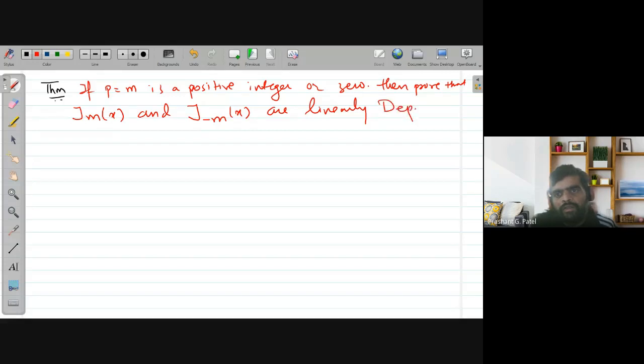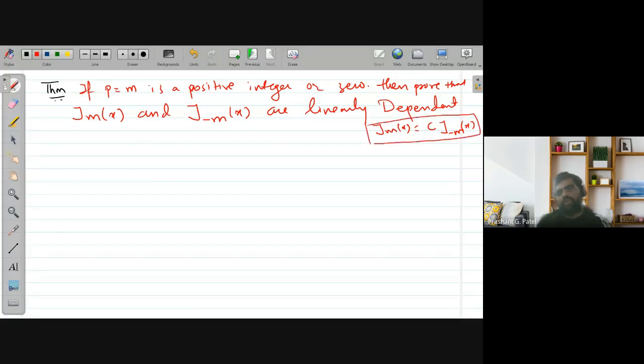Linearly dependent means one of them is a linear combination of the other. So that means J_m of x is some c1 times J_{-m} of x. So this is the expression that we require to prove they are linearly dependent.